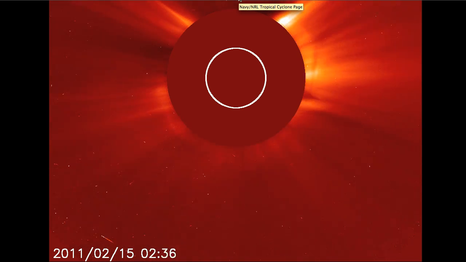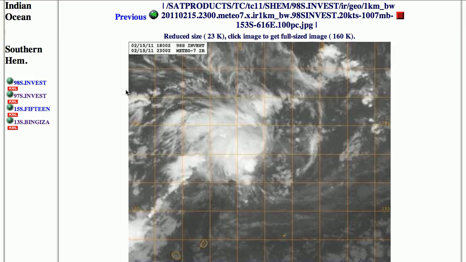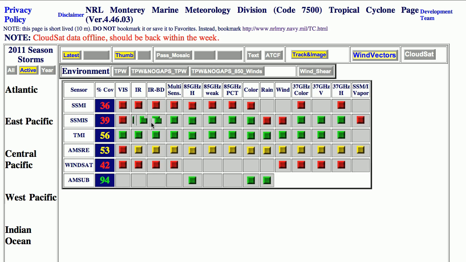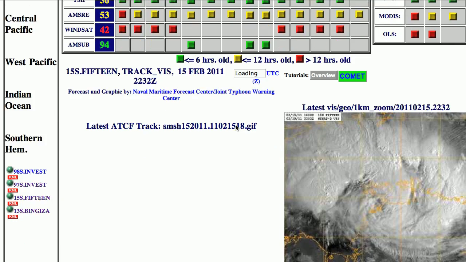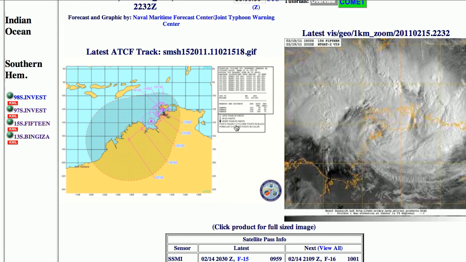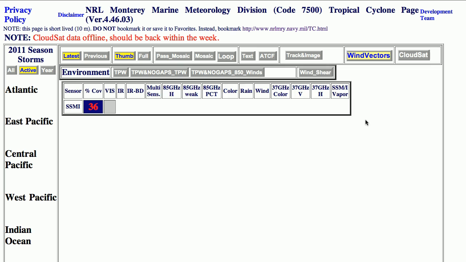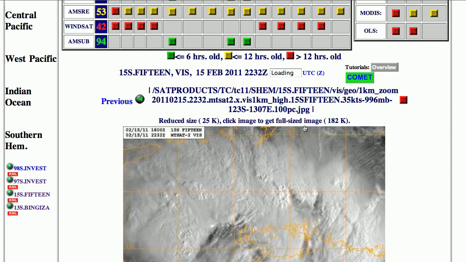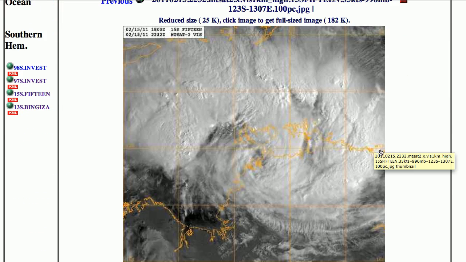Now, the U.S. Navy Research Laboratory is tracking 2 disturbances in the southern hemisphere right now, and there is another disturbance that has been numbered 15 right here, and this is very possibly the disturbance.